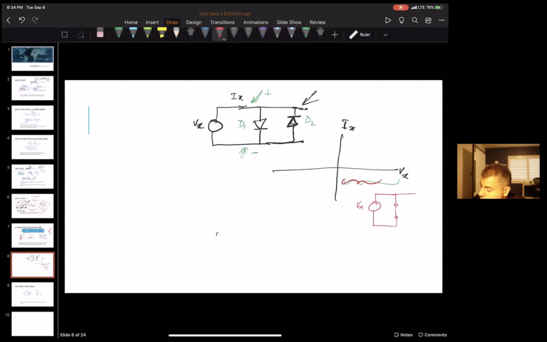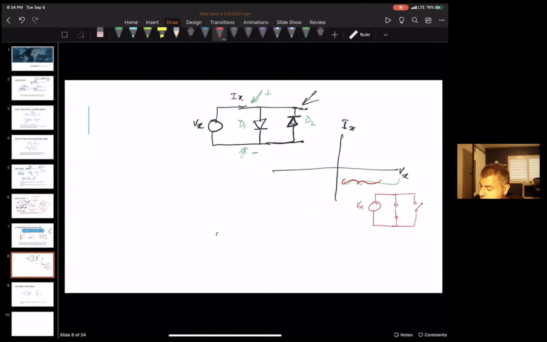Then in this area, when Vx is positive, is D2 on or off? It's an open. Yeah, it's off, or open, whichever way you want to look at it. So we've got a short across the voltage source.